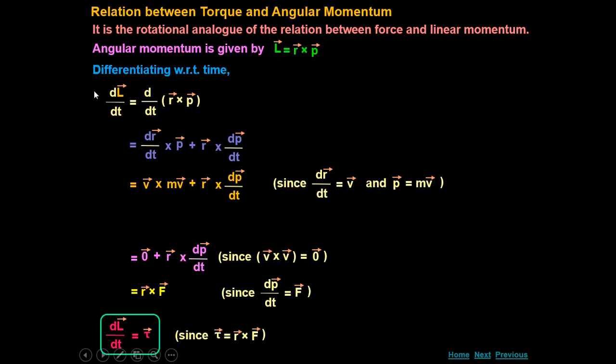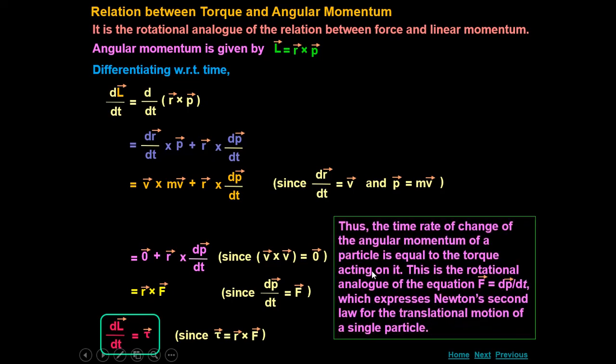This is usually asked in exams, not only in theory exams, even in competitive exams like NEET and CET. So this formula is very important. With the help of this formula we can solve some problems also. So the time rate of change of angular momentum of a particle is equal to torque, that is dL upon dt.